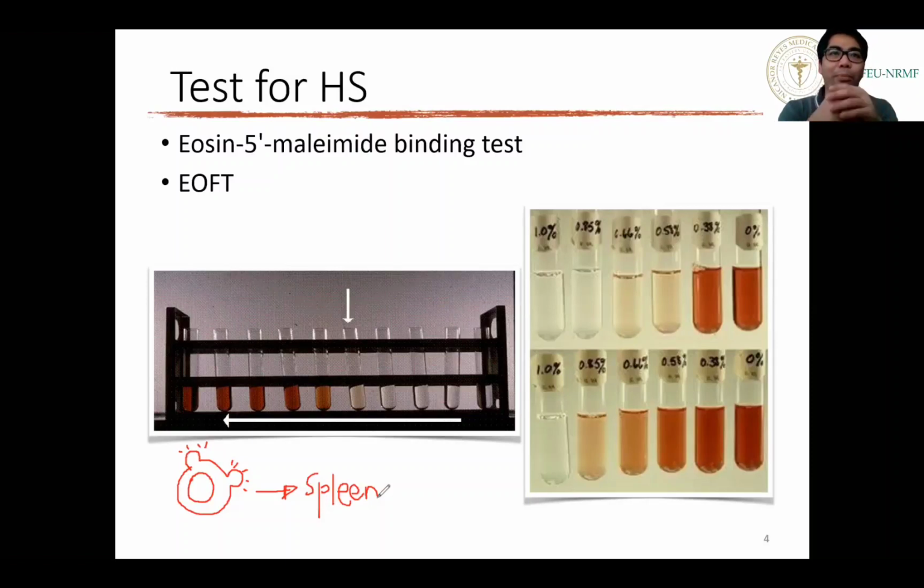Now, one of the problems in hereditary spherocytosis, because the membrane is loose due to the defects of these peripheral proteins, such as spectrin proteins, is that the RBC membrane becomes loose, forming blebs or protrusions on the membrane, no? So, pag dumating sa spleen itong mga red blood cells na to, the macrophages will possibly remove those blebs.